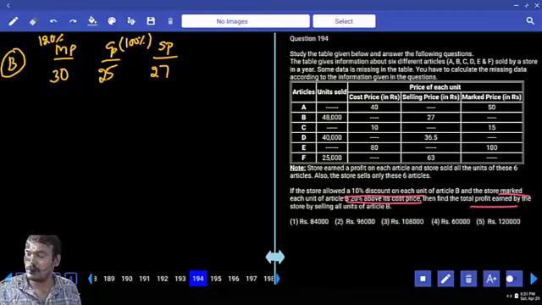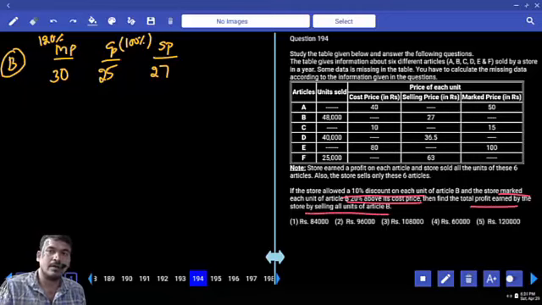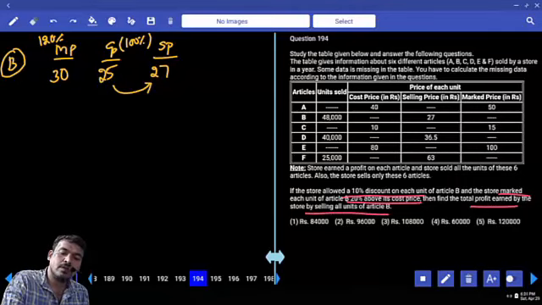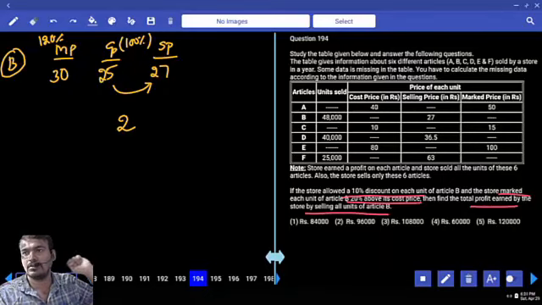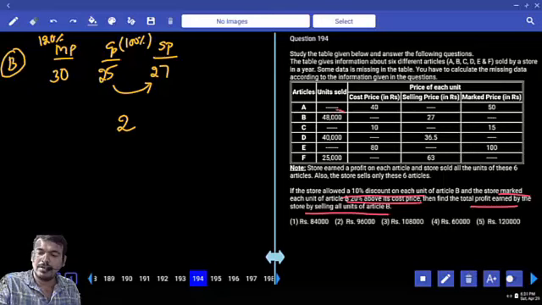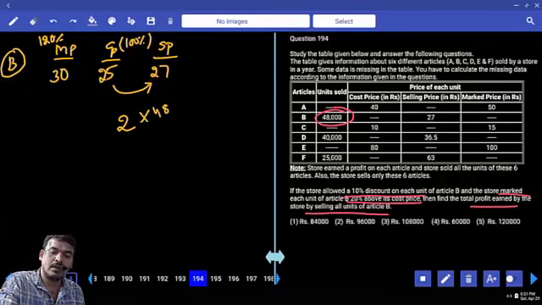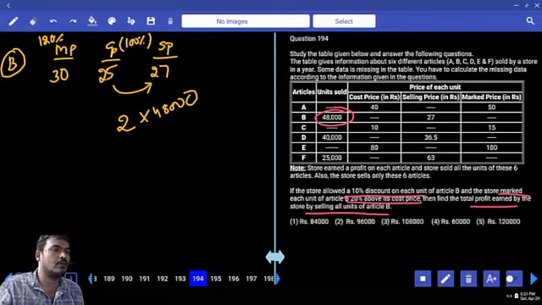What is the question here? Find the total profit earned by selling all the units of article B. For each unit profit 2 rupees. 25 becomes 27 means each one unit profit 2 rupees. Total how many units are sold? 48,000. 2 into 48,000. What is the total profit?